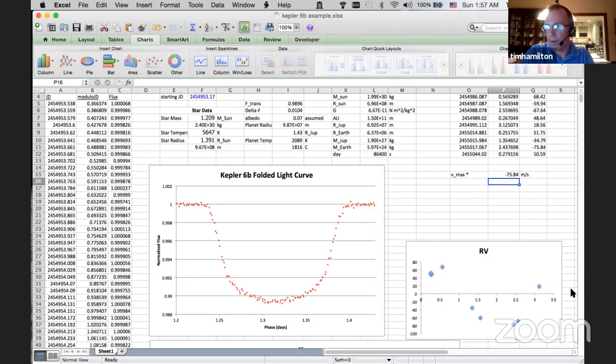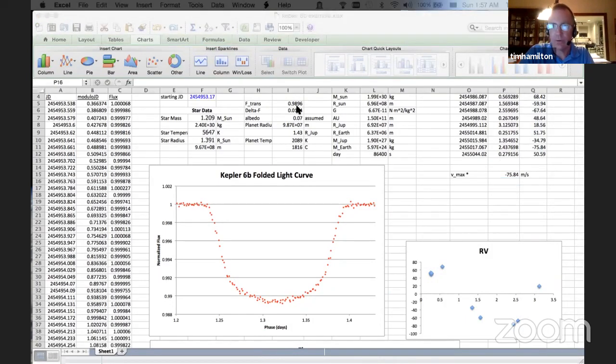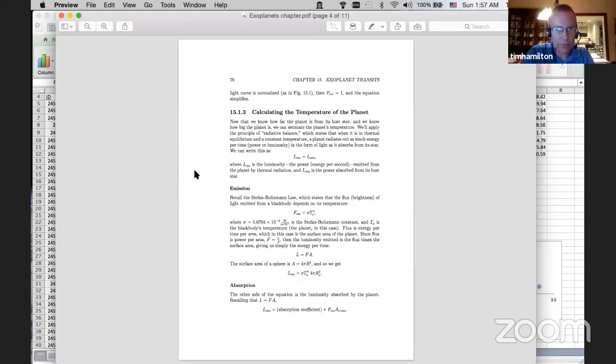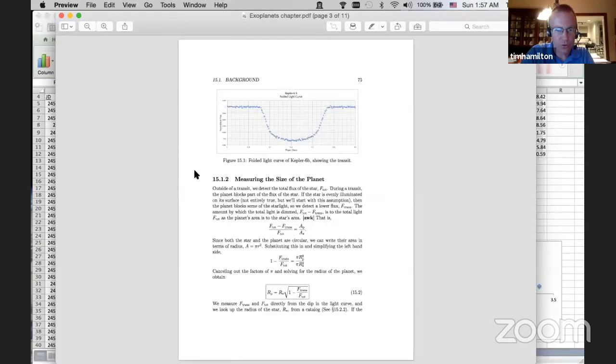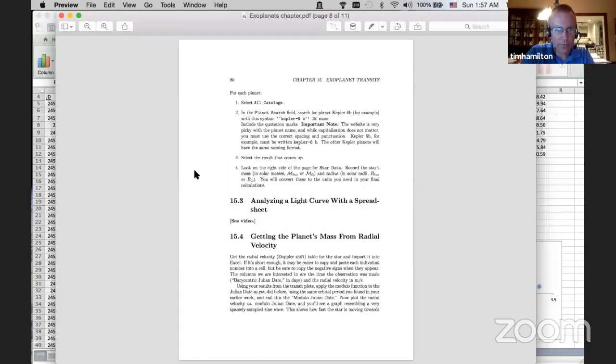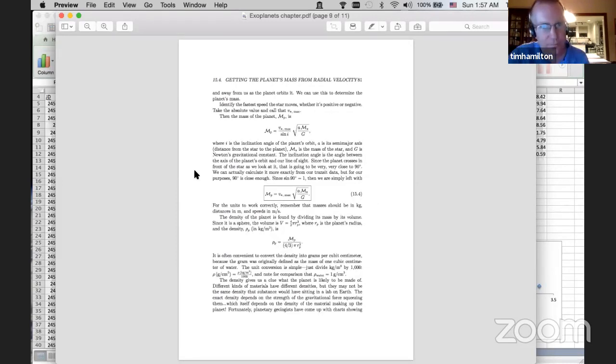Okay, now, why did we need that? Let's go back to our guide here. Calculating temperature. We go forward. Stellar data, getting the planet's mass from radial velocity.